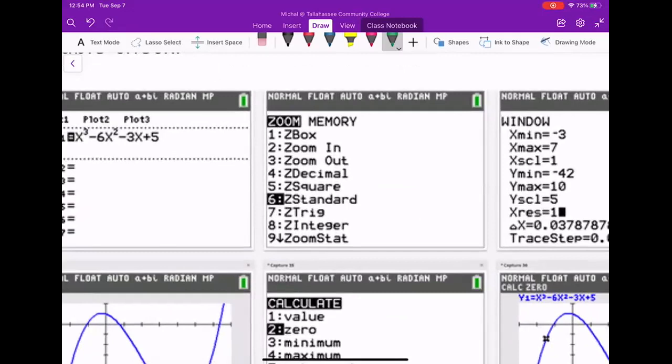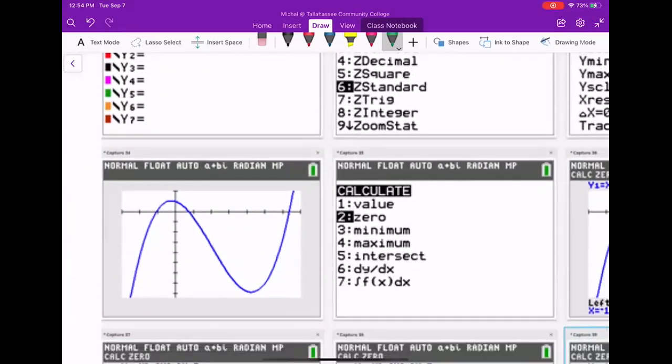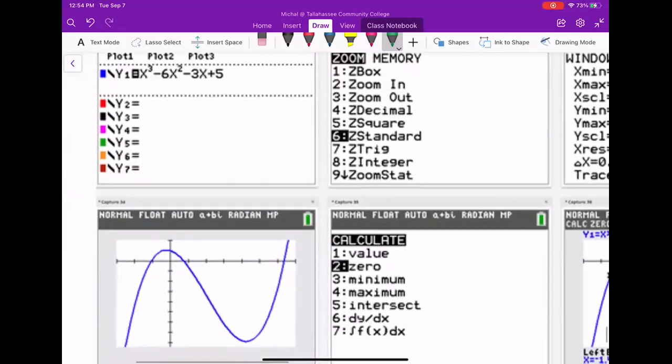You can just hit 6, or you can scroll down and select standard. You could also zoom fit or zoom out, if you don't see the graph. You can see here, this is the zoom window that captures the graph for this particular function, x cubed minus 6x squared minus 3x plus 5.